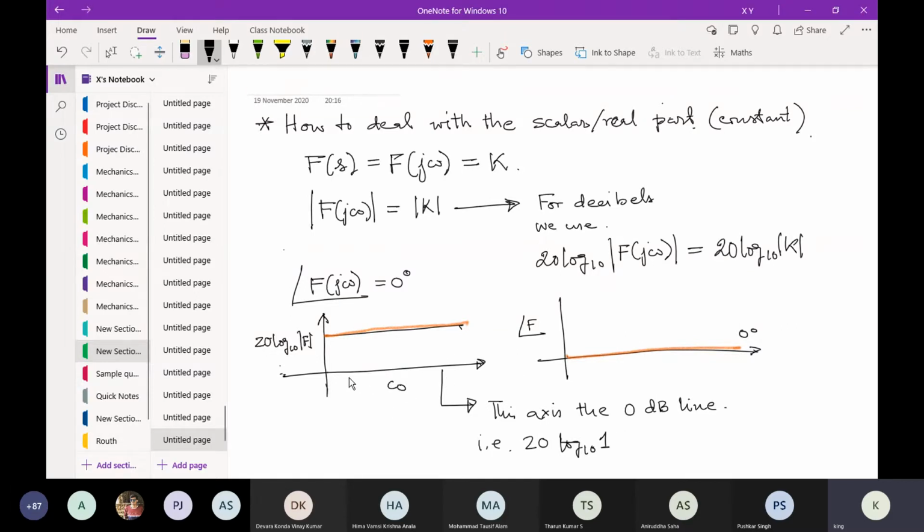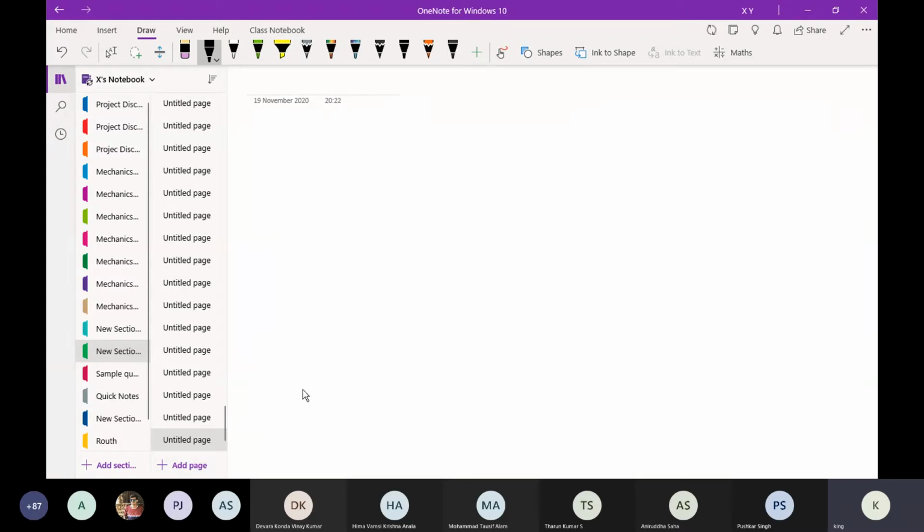So we have instead 0 decibel, which corresponds to 20 log to the base 10 of a value 1. And this will be true for all the other plots as well.